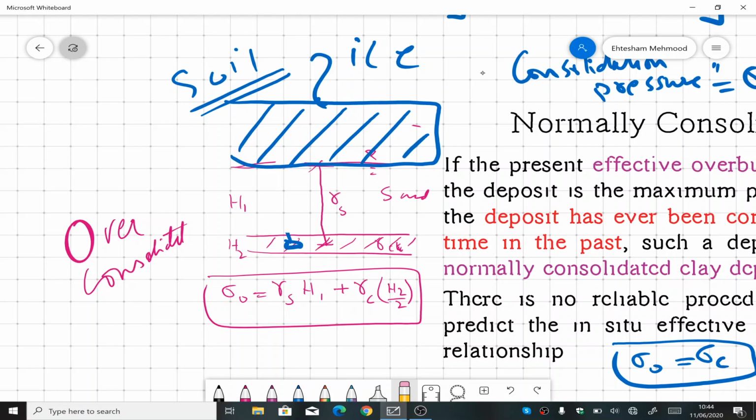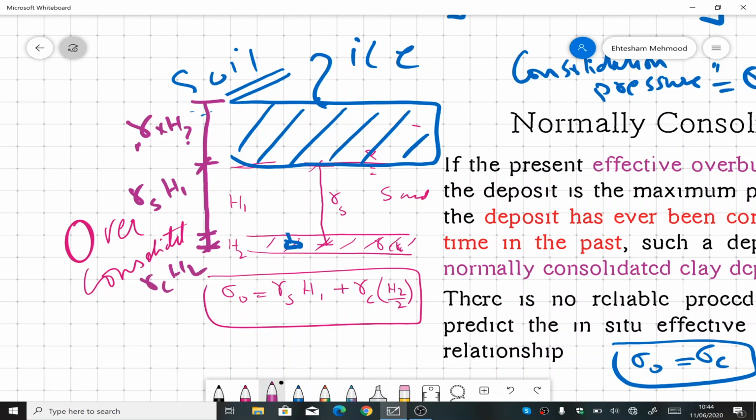So at the clay layer, if I want to find sigma naught at that time when the excess load was there, again at the center of the clay layer, it would be gamma of this overload into height of the overload, then gamma S into H1, and then gamma C into H2 over 2.